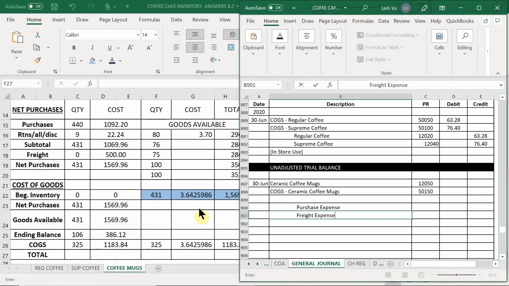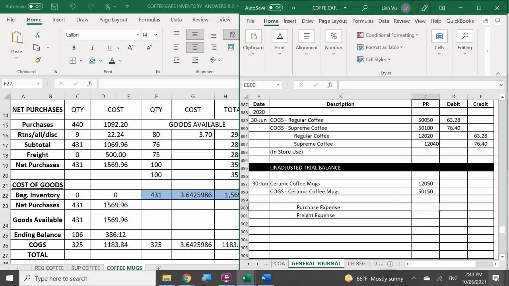What is the total value? Purchase expense, what account number is that? It's 6100. And freight expense is 6300. So let's start with the first one.